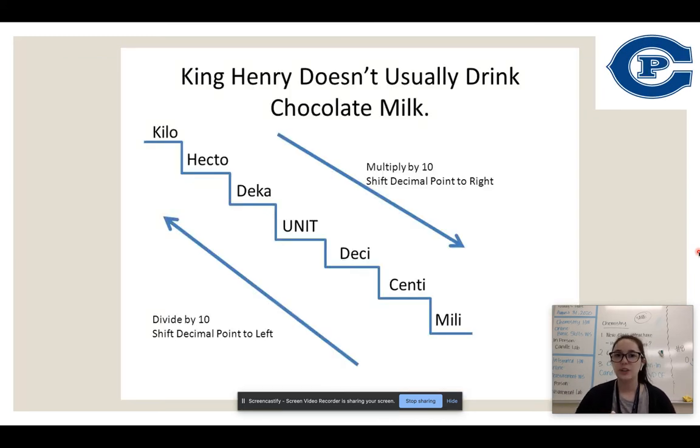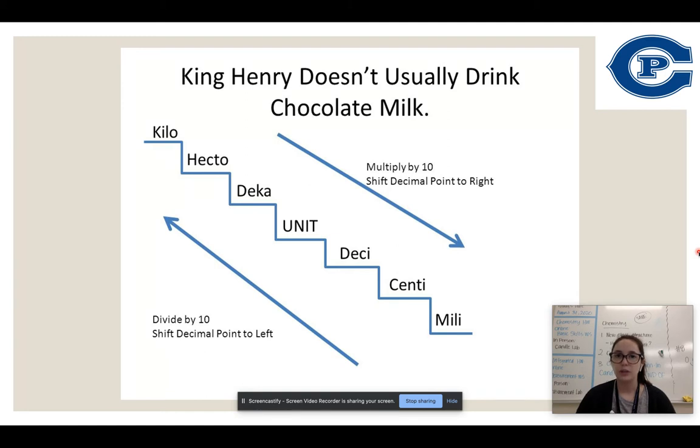Now, if you decide that you would like to do the sliding method, or even not the sliding method, a really good way to note in your head with factor conversions is our stairs right here. We have kilo, hecto, deca, the unit in the middle, which is our 0, and then deci, centi, and milli. A good way to remember is that King Henry doesn't usually drink chocolate milk.